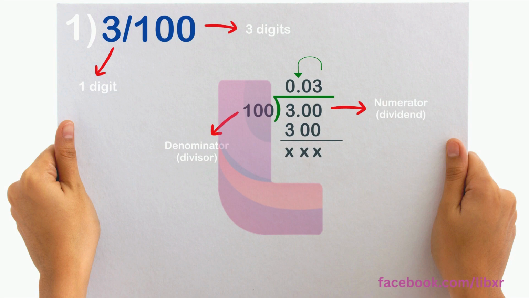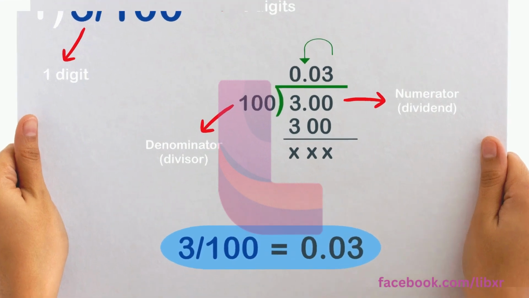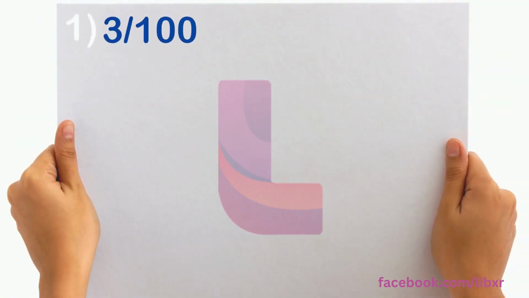There are 2 zeros, so we count decimal places from the right side of 003 and put the decimal point after 2 digits. It becomes 0.03. So 3 by 100 is equal to 0.03.